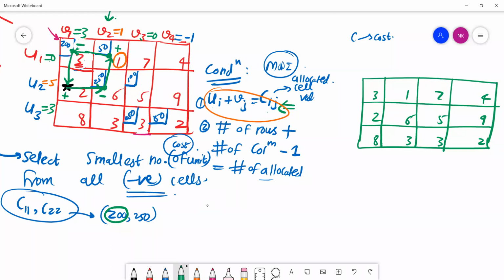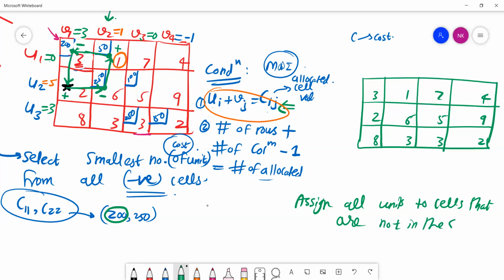Now assign all units to cells that are not in the shape. This is the shape that we have drawn. I have written shape and not square because you can have any shape. So apart from the cells which are covered by the shape, you can assign the remaining units.